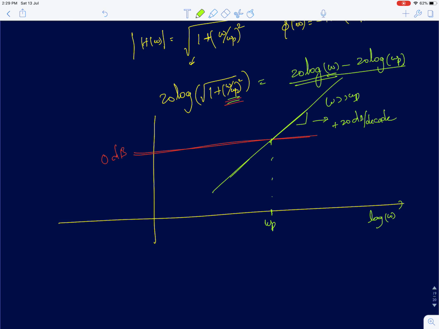Now the overall response will be asymptotically touching this. At omega equal to 0, it will be 0 dB exactly, and it will eventually touch this function asymptotically. At omega equal to omega p, this will be plus 3 dB.